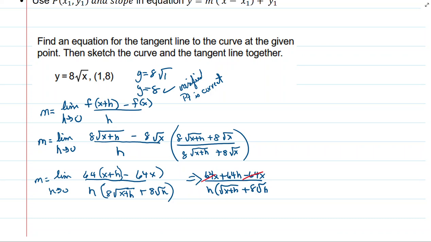Is everybody comfortable with that? Now I can cancel the h's, because it's a multiplication process. And now I'm taking the limit as h goes to 0. Is everybody comfortable? Good.